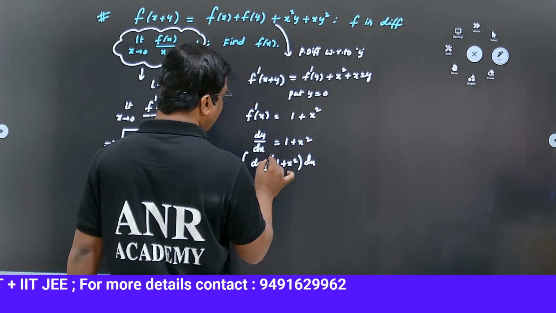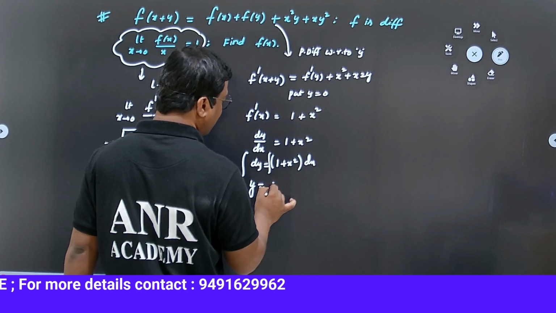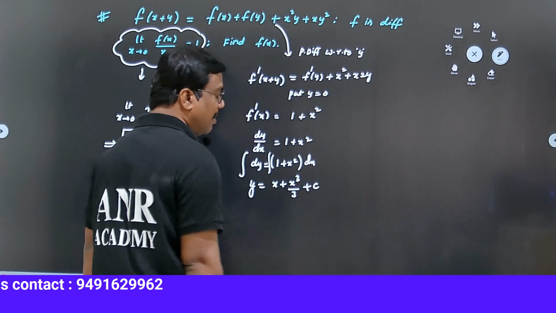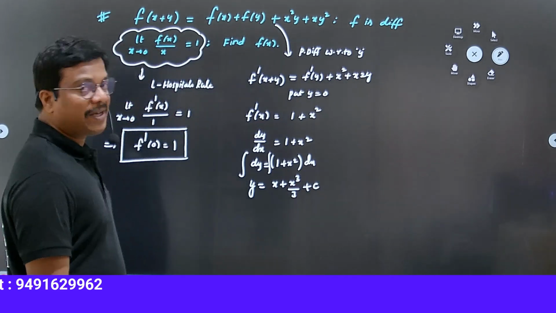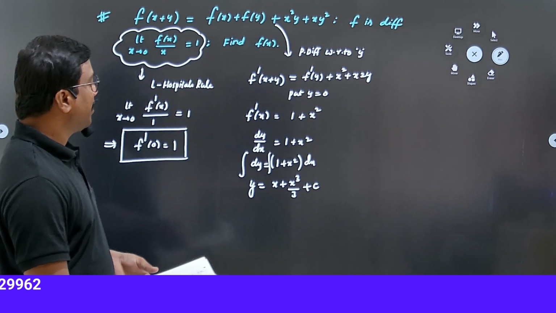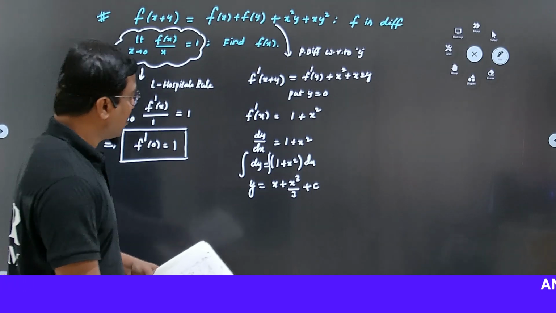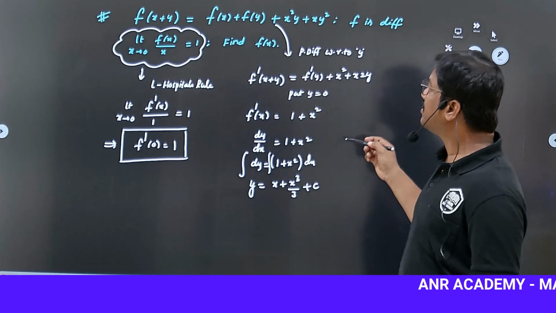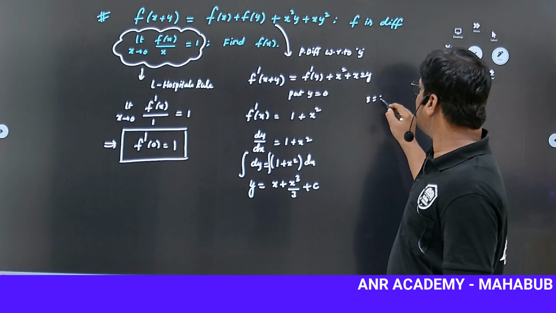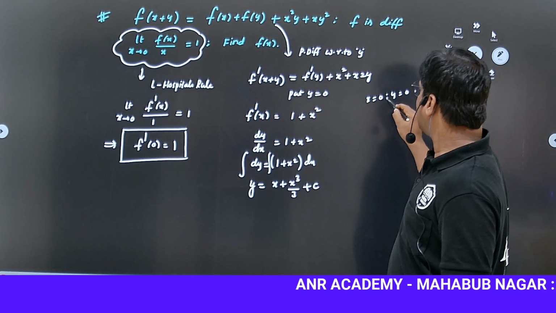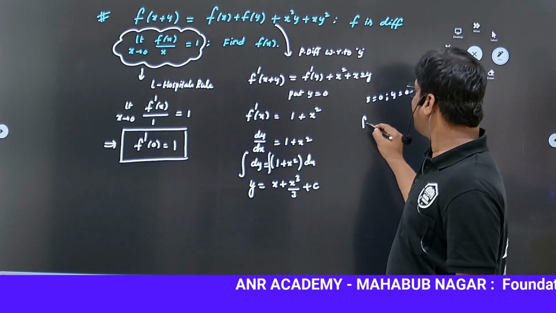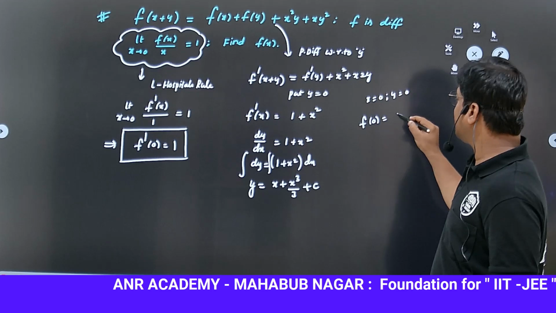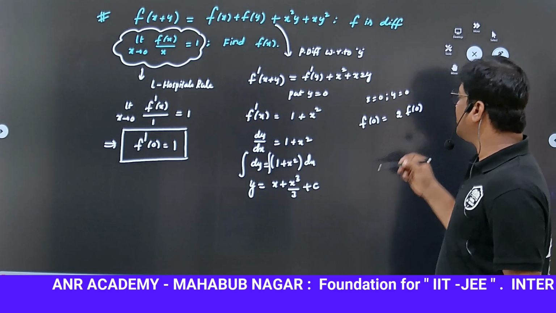Apply integration on both sides, we get y equals x plus x cube by 3 plus c. Integration of 1 is x, integration of x square is x cube by 3. Now, to get the constant, let us substitute the values. Put x equal to 0 and y equal to 0 in the original functional equation. Left hand side you will get f of 0. In the right hand side, f of 0 plus f of 0, that is 2 times f of 0.